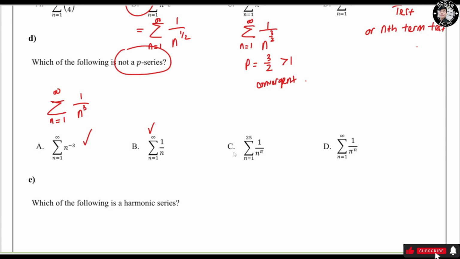C. This is actually a P series, where p equals pi. Now D. This is not a P series, right? Because this right here must be a variable, not a constant, right? So the answer must be D.